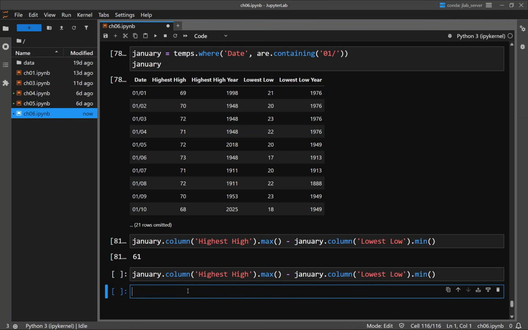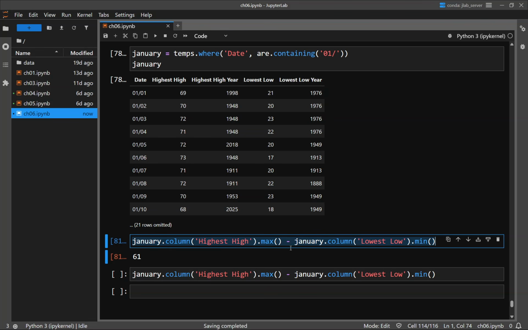R-A-N-G-E. Yeah. We have arange. But that gives us a range of numbers within a space. But I guess I still don't know what you mean by range. Max minus min. No, there's just not a function that does that for us right now.